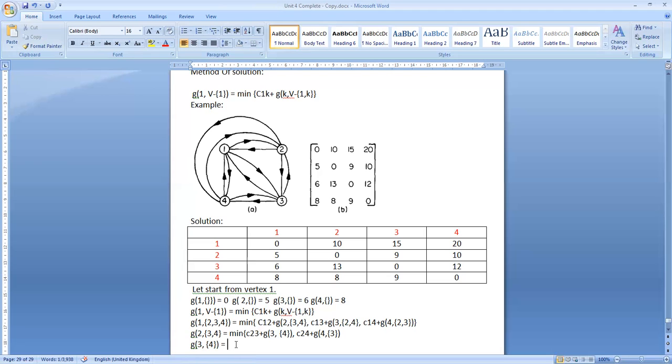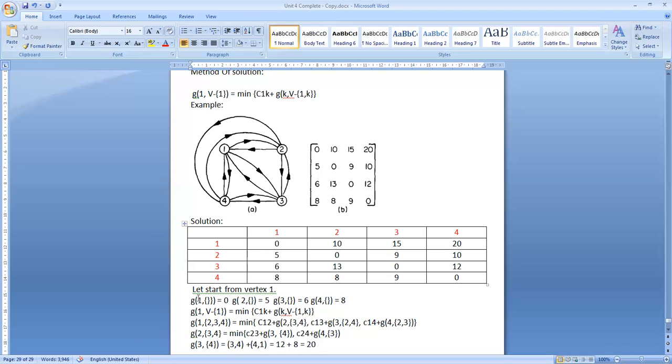So this is nothing but C34 plus C41. This is the meaning. C34 is 12 plus C41, 4 to 1, is 8, equal to 20.